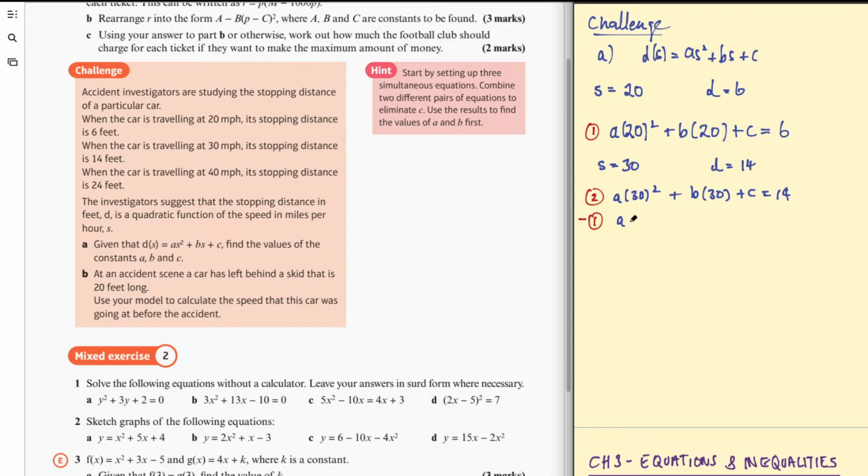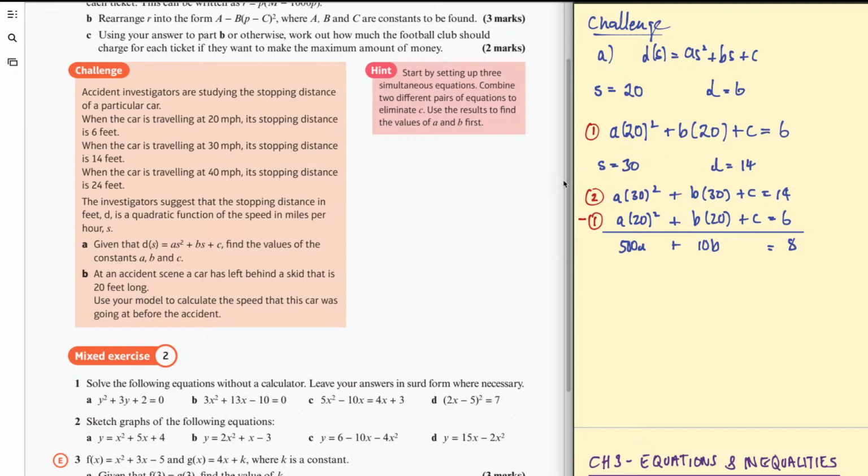This would be a times 20 squared plus b times 20 plus c equal to 6, and we're subtracting these. So this would be 900 take 400a. What would we get here? We would get 500a plus 10b. The c's would cancel. That's kind of the reason why I did it. Oh no, this is not going to allow us to solve anything, but it's going to give us an equation in terms of a and b. 14 take 6 is 8.